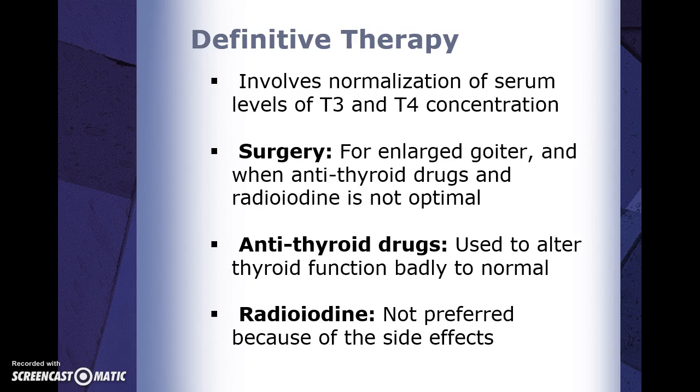One is surgery, for patients who have an enlarged goiter and when anti-thyroid drugs and radioiodine are not optimal. Another is anti-thyroid drugs, used to alter the thyroid function from abnormal back to normal. Radioiodine is another, and it is not preferred because of the side effects it causes in patients.